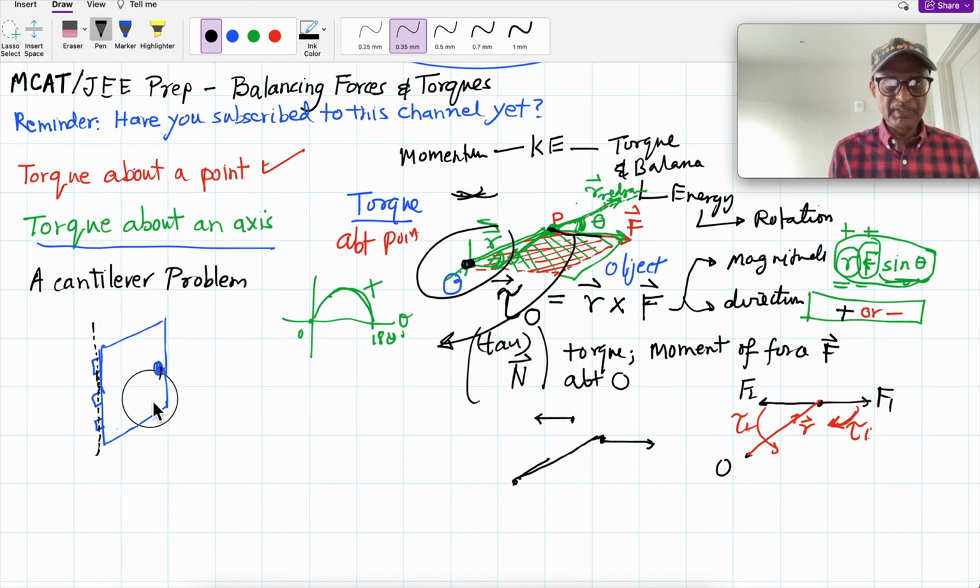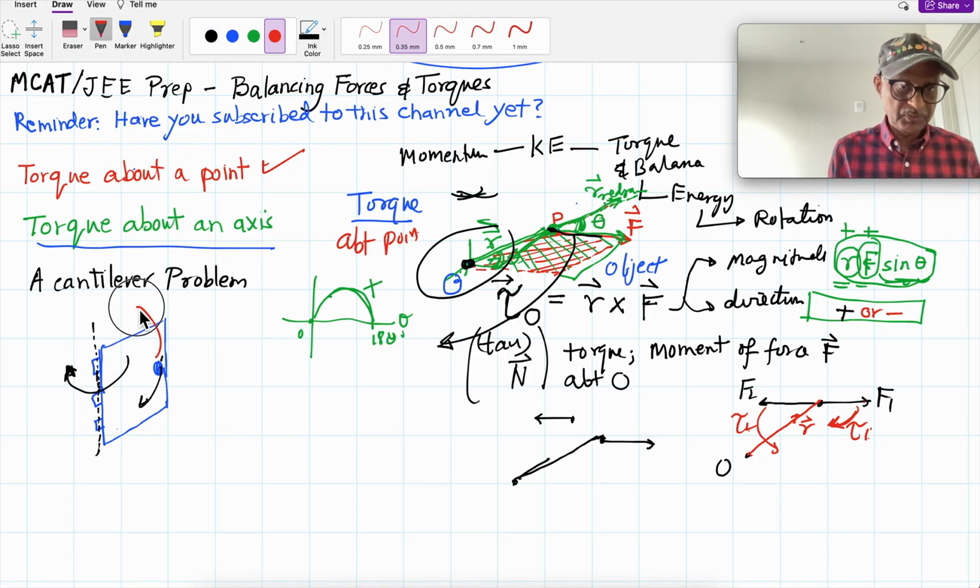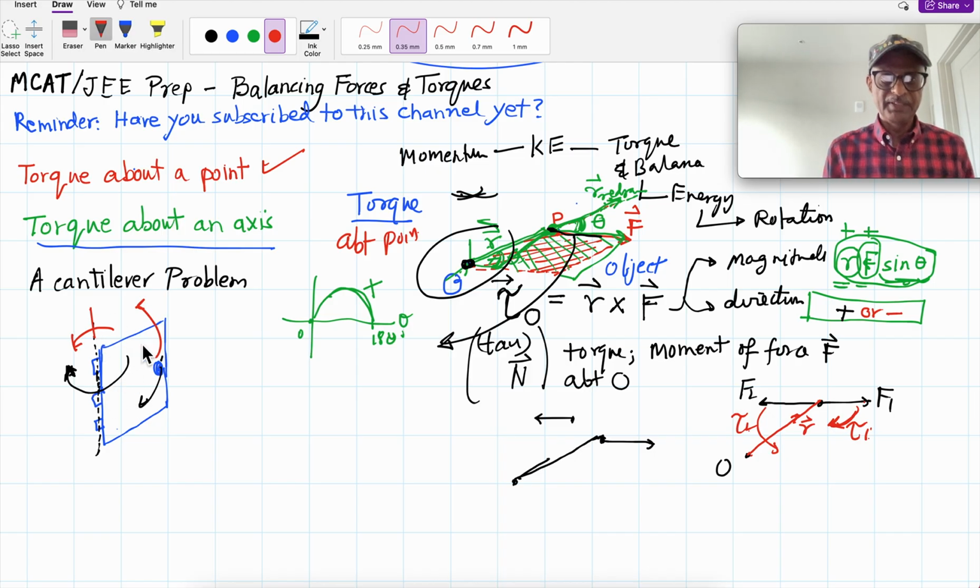If you pull the door, you're trying to rotate the door this way. If you push on the door that way, then you're trying to rotate the door that way. So this is going to be about the axis. And the question is, what will be the magnitude?